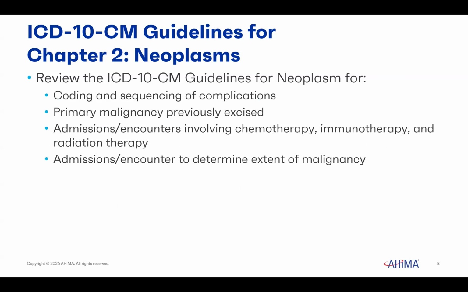In other words, whether you code the primary first or the secondary code first depends on the documentation and, of course, the guidelines. There are also guidelines for primary malignancy that's been previously excised, encounters or admissions for chemotherapy, immunotherapy, and radiation therapy, and encounters to determine the extent of the malignancy.